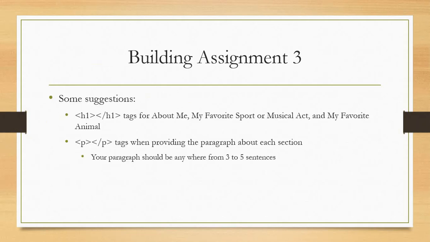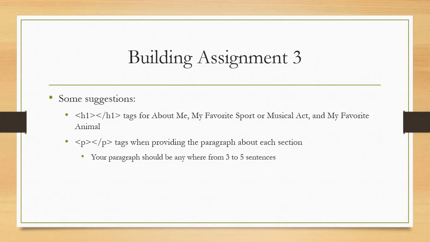So let's start building assignment 3. Some suggestions for you. The H1 header tags should be used for the About Me, My Favorite Sport or Musical Act, and My Favorite Animal sections. When you type up your My Favorite Sport or Musical Act header, you're more than welcome to just write My Favorite Sport, or if you decide to choose the musical act, put My Musical Act instead.